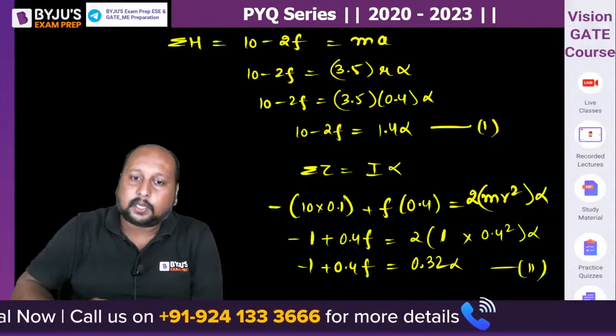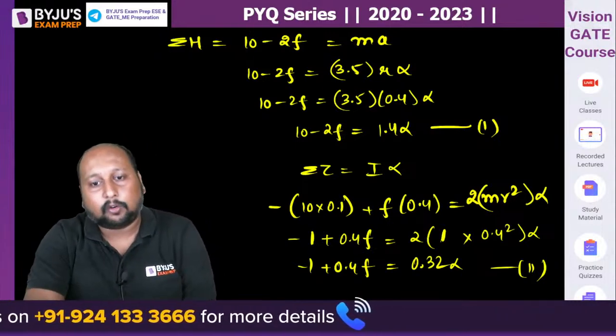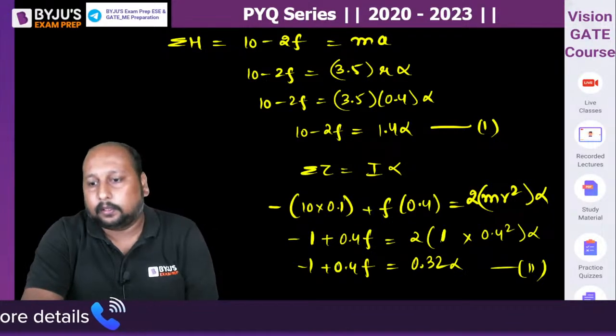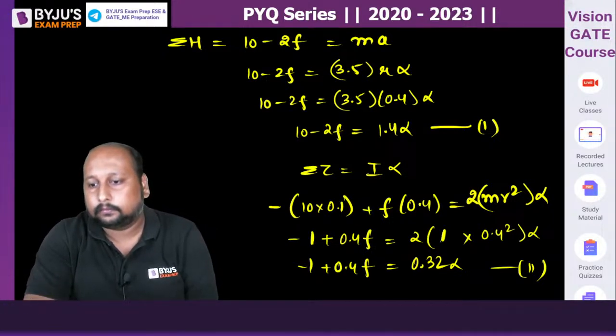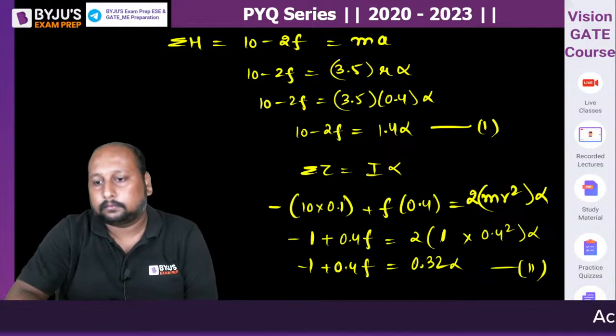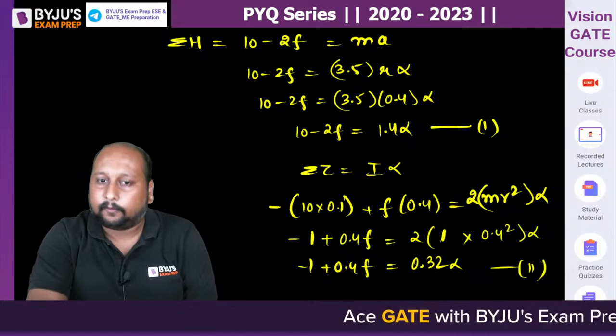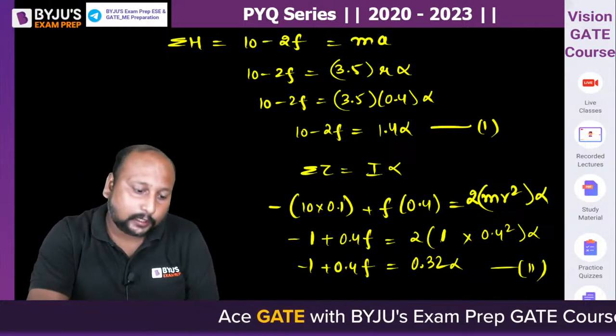So two equations, you have to solve them and get the value of alpha. Okay, fine. Clear? Chaliye.